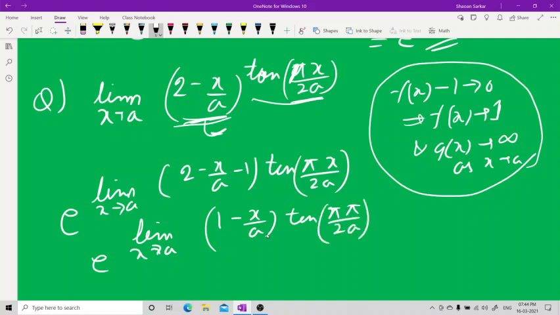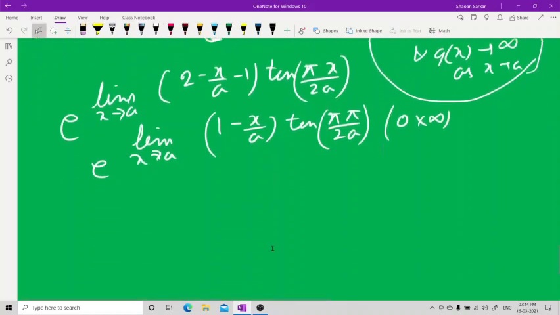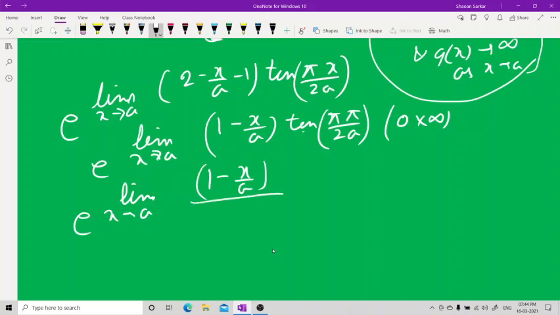Now very simple. If you take the limit, it will be 0 into infinity. So do one thing. Write this as e to the power of limit x tending to a of (1 minus x by a), and this tan you can write as 1 upon cot. Whatever I am doing, it is in the power of e only.